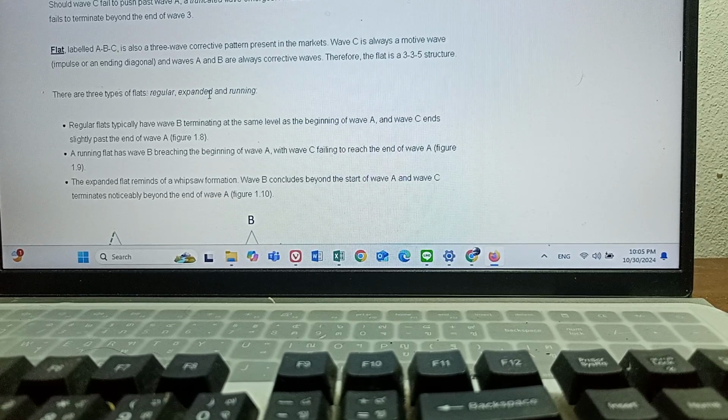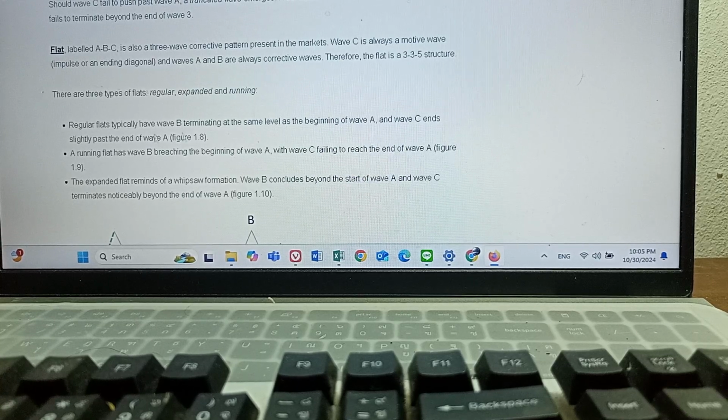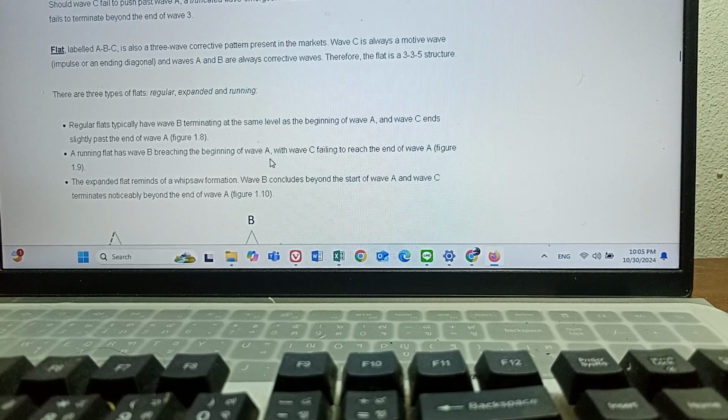Regular flats typically have wave B terminating at the same level as the beginning of wave A, and wave C ends slightly past the end of wave A, Figure 1.8. A running flat has wave B bridging the beginning of wave A, with wave C failing to reach the end of wave A, Figure 1.9.